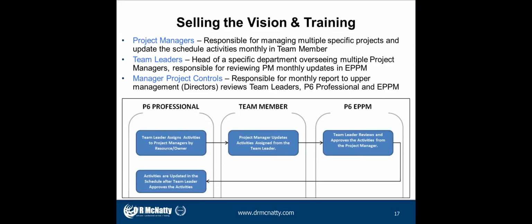Starting from the left, the very top box, the team leader in P6 Professional assigns activities to the project managers by resource or owner, and we'll get into that a little bit more. So that meant that we had to train our team leaders on P6 Professional.